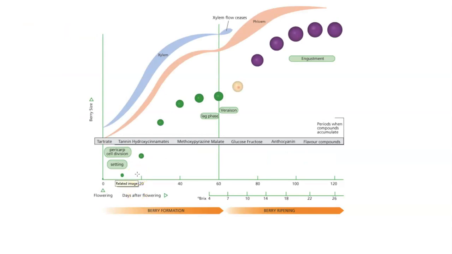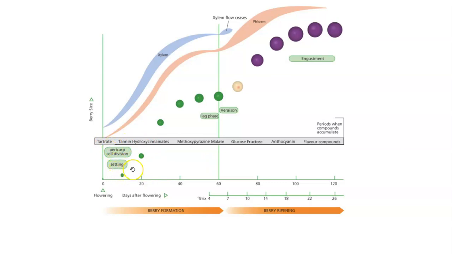This is how berry formation works. It's a double sigmoidal curve. This is useful to know because you get fruit set, and then during this period, and this is a pretty complex diagram, you can see tannins starting to accumulate.